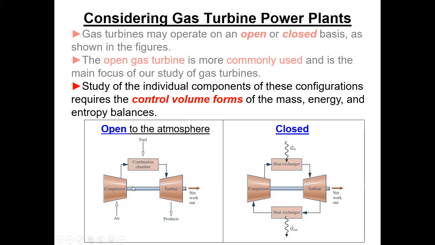We power the compressor off the same shaft as the turbine, so what comes out on this side is what's left over after the compressor operates, of what the turbine can generate. Then basically we throw the products of combustion away. We may do some heat recovery, but basically we wind up throwing those gases away eventually.